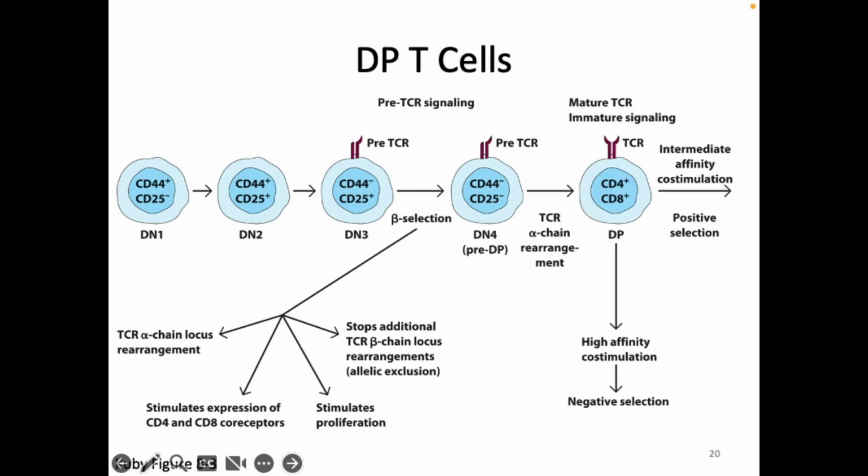And so as you can see, once we are fully doing that TCR alpha rearrangement, at the later stages of all these steps, we're also making CD4 and CD8. And so now the cell is going to be a double positive cell because it makes both CD4 and CD8. We're now at our double positive stage where we have both CD4 and CD8 made.